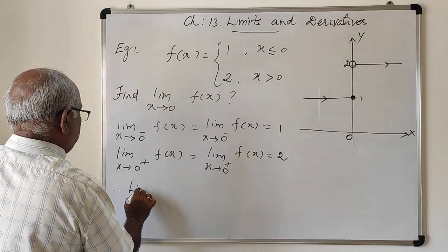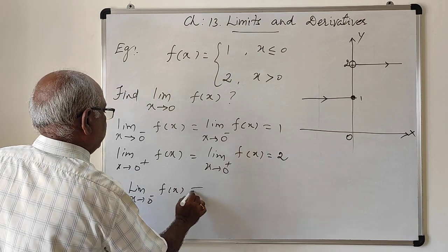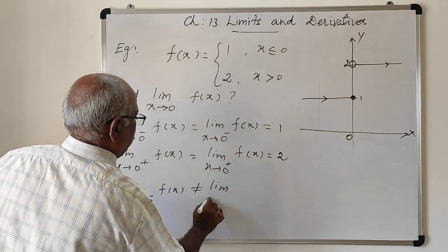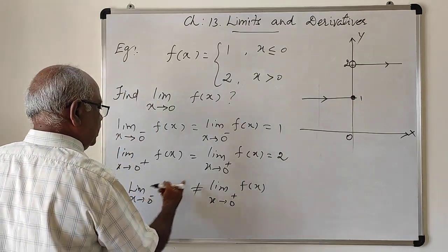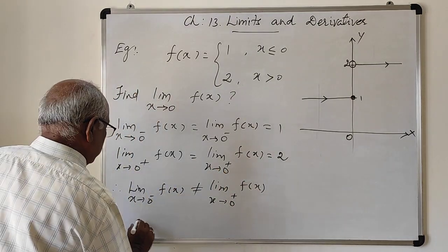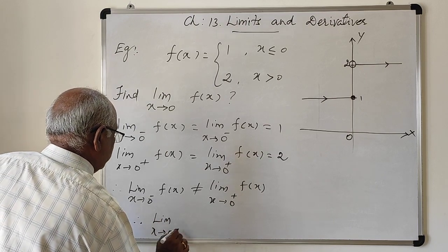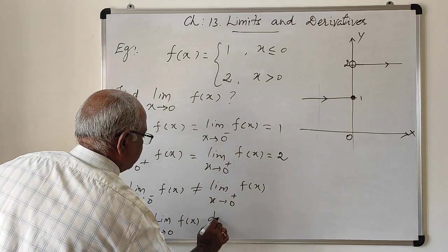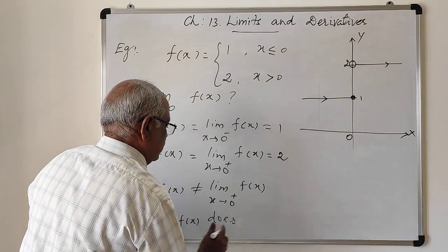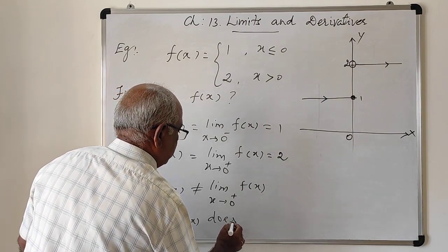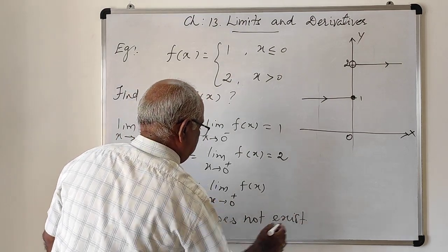Limit x tends to 0 minus f of x is not equal to limit x tends to 0 plus f of x, because this is 1 and this is 2. Therefore, limit x tends to 0 f of x does not exist. That is the problem.